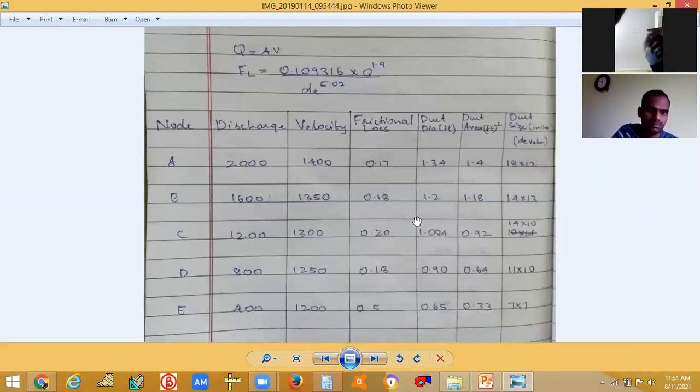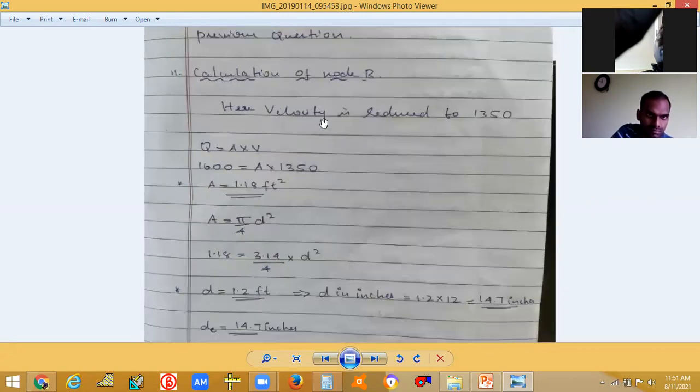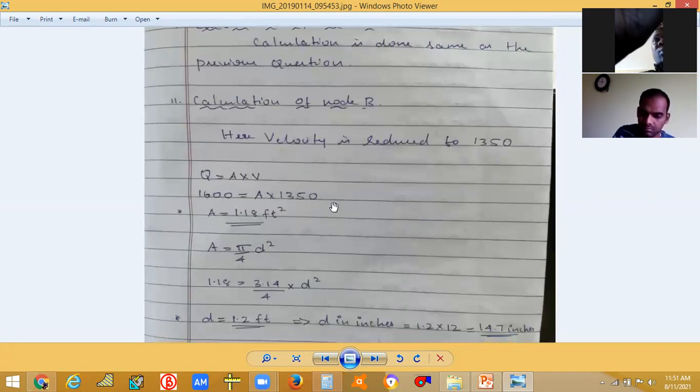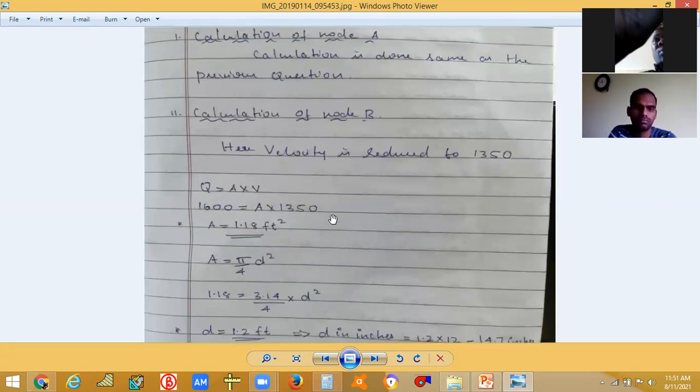Okay. So tomorrow's homework is equal friction method as well as velocity reduction method. Find it for node B, node C, node D, and node E. Any doubts you can ask.